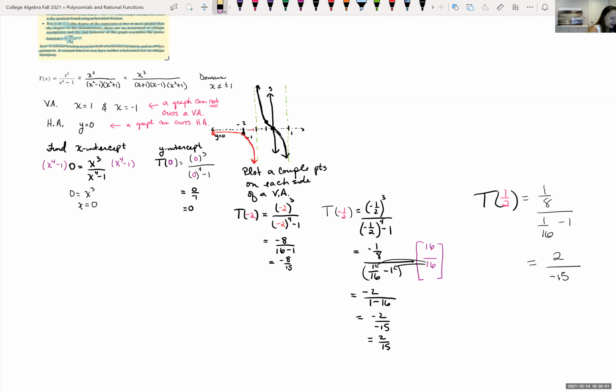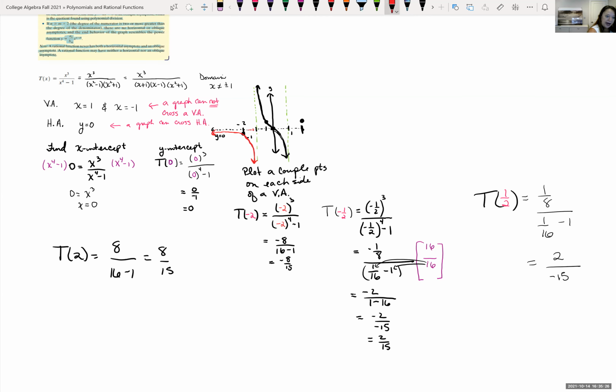So let's look at maybe x equals 2. So if we look at t of 2, 2 cubed is 8, all over 2 to the 4th, which is 16 minus 1. So this is going to give me 8 over 15, which is above the x-axis at x equals 2.